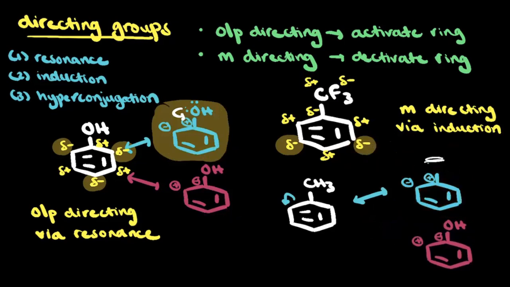Instead of a phenol here, I'll just have a methyl group here. Okay, so now when I draw my resonance structures in either way, you can see that right here you have a tertiary cation and a secondary anion.